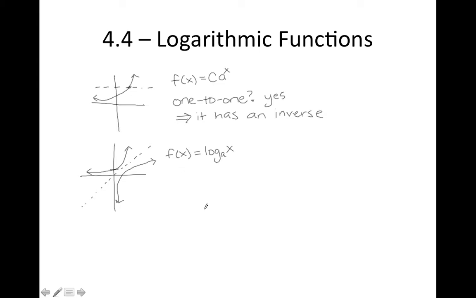All right, so let's look at a couple of forms first. Exponential form is when you have a base raised to a power, and that gives you an answer. That's exponential form.